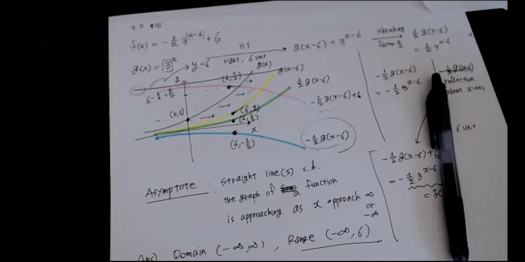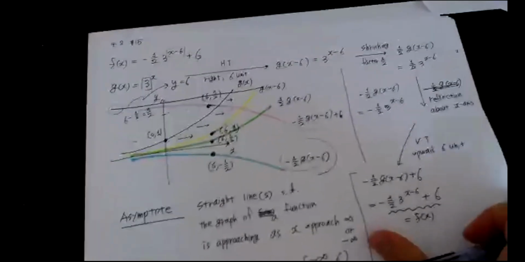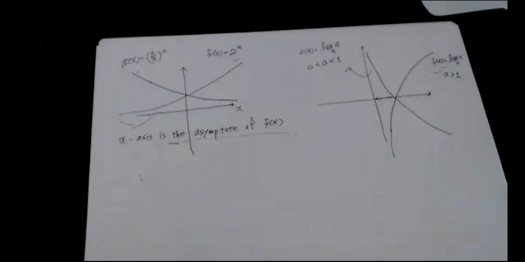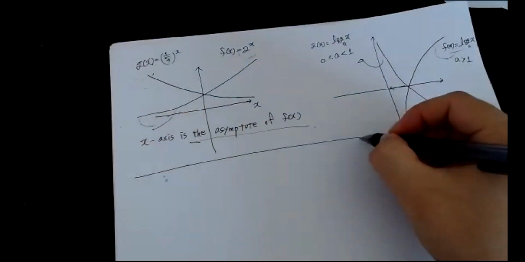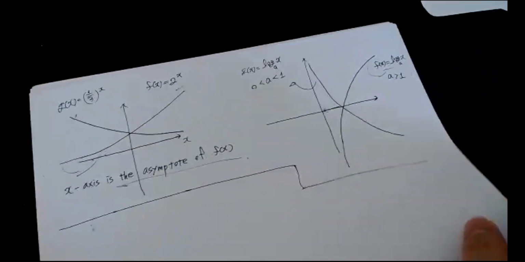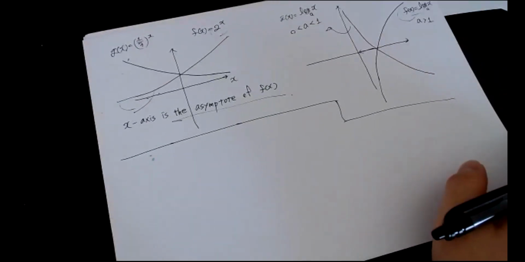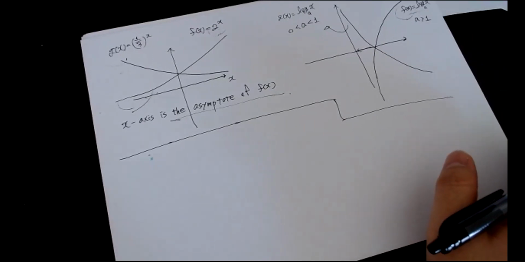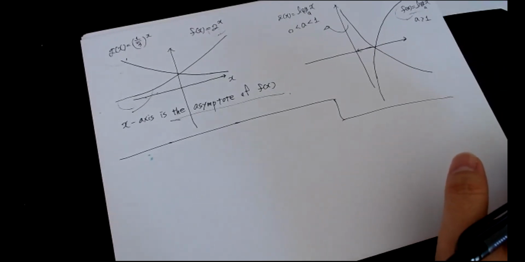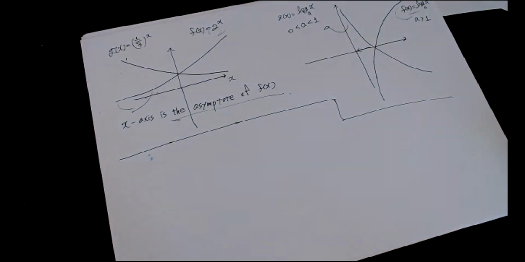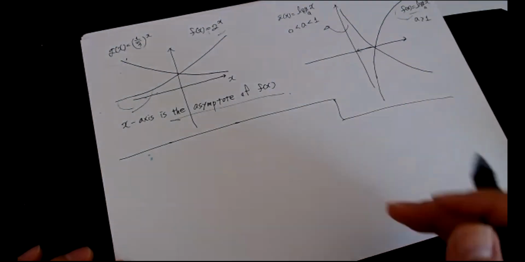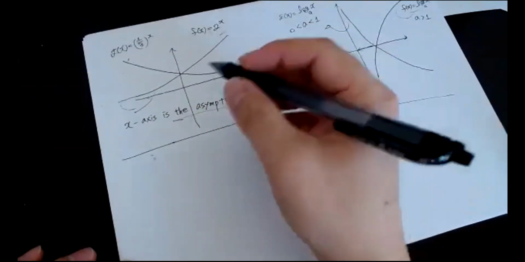So now what are we going to do? We solve the problem, okay? That's not a polynomial equation. So we have to use either the one-to-one property of the exponential function or of the logarithm.